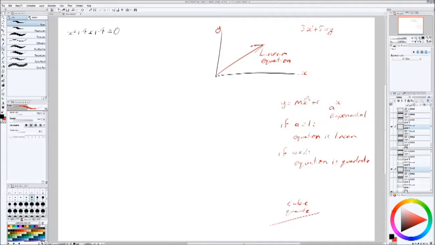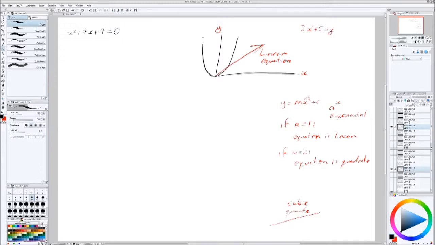And there's various other forms of equation that we'll have a look at later on. But this equation here, the x squared plus 4x plus 4 equals 0, is a quadratic, so it kind of goes like that kind of thing. And then on the other side, also like that.